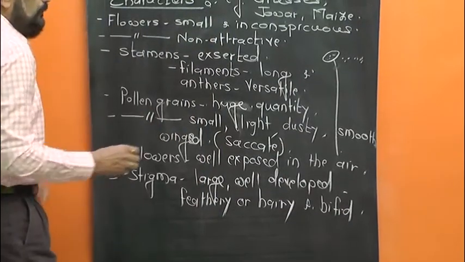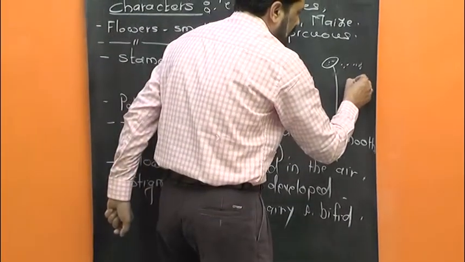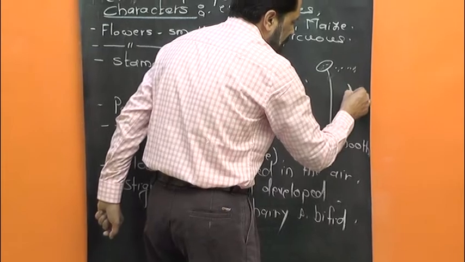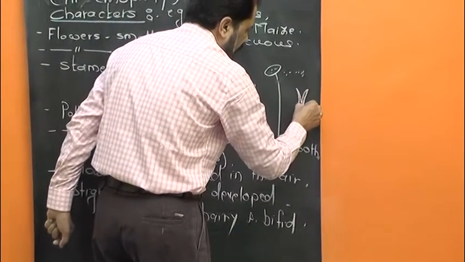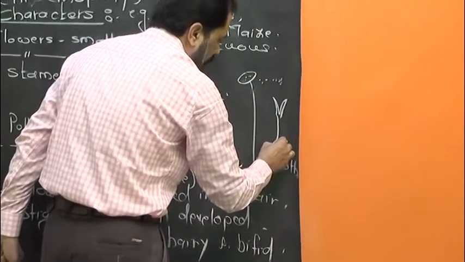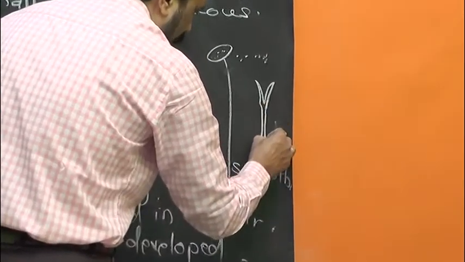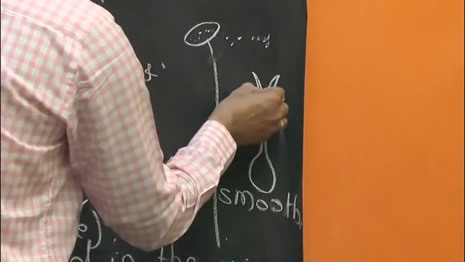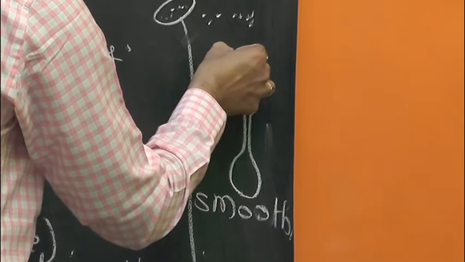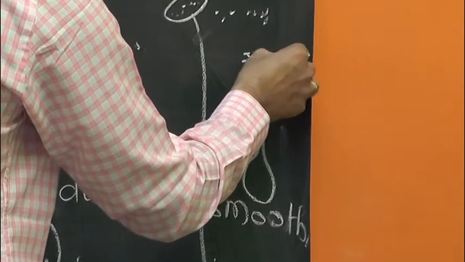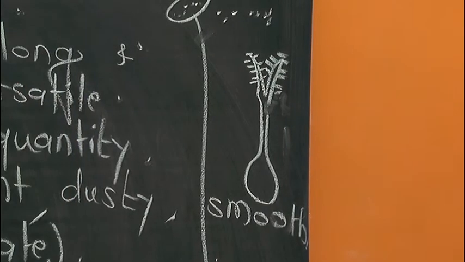Let me show. Suppose here is a stigma. Stigma is bifurcated, and here obviously the stigma shows many small hairy structures. That is, we can say it appears just like a feather of birds.